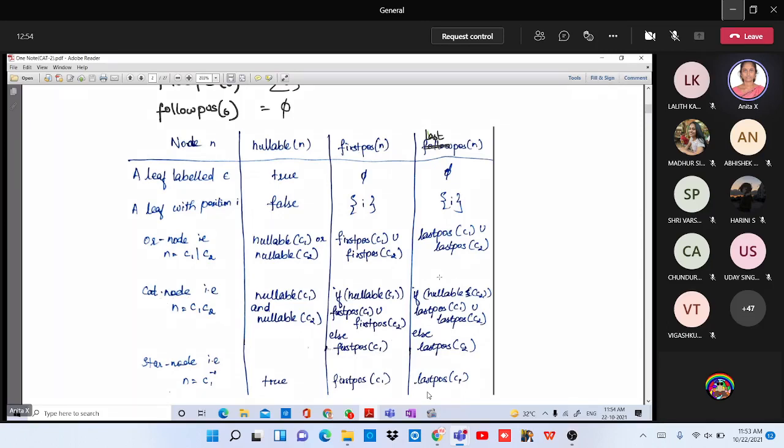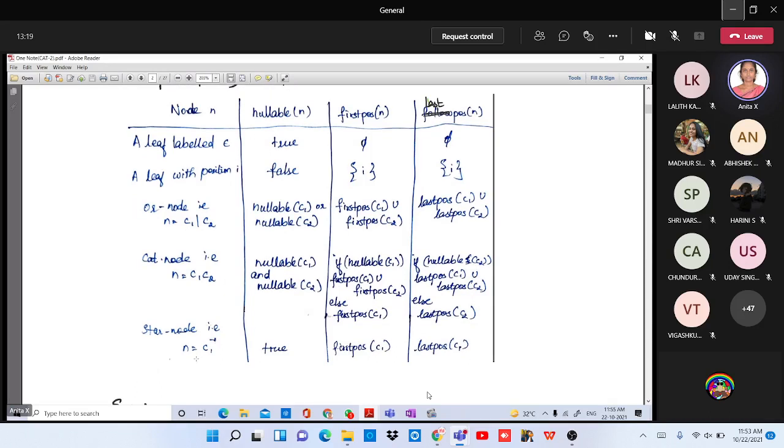And similarly for last position of cat node, please see the difference over here. For first position, I will be checking C1. For last position, I will be checking C2. If nullable of C2 is true, then I will be taking the union of both the last positions. Else, I will be going for last position of C2.